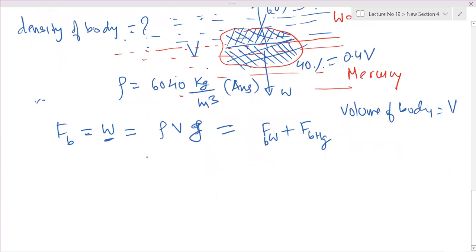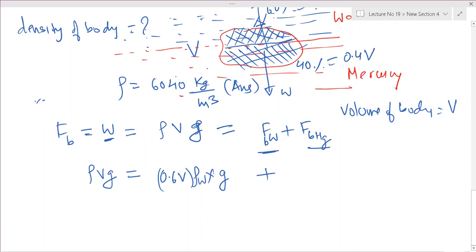So this rho Vg is equal to buoyancy force. How much water is displaced? 60% water is displaced. So 60% volume, and then rho W into G, plus this buoyancy force due to mercury.